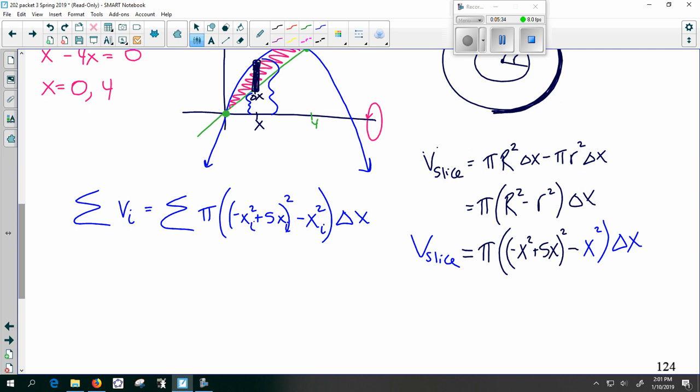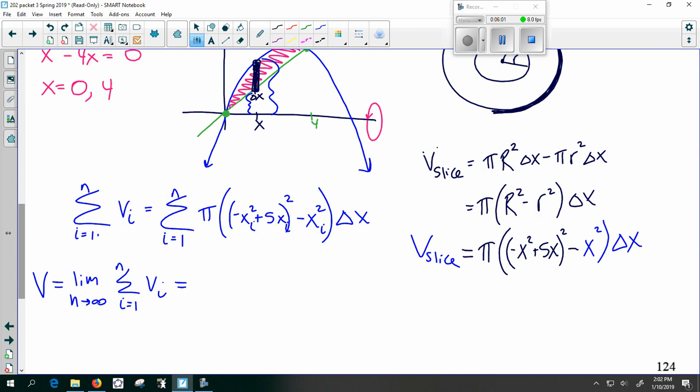Then I'm going to take the limit as n goes to infinity, so we'll have i goes from 1 to n. So my total volume is the limit as n goes to infinity of the sum I wrote above of the Vi's.